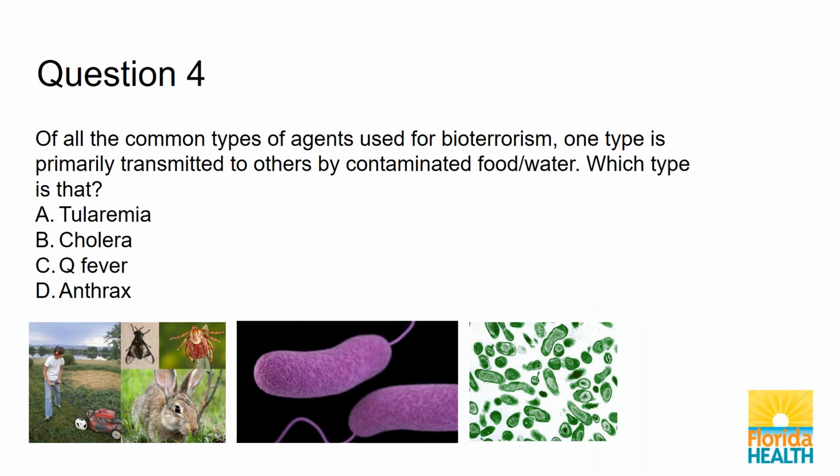Okay, so question 4. Of all the common types of agents used for bioterrorism, one type is primarily transmitted to others by contaminated food and water. Which type is that?